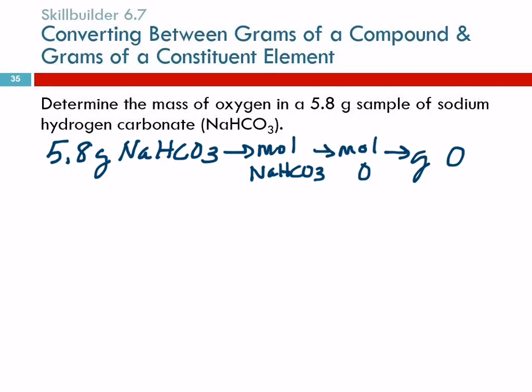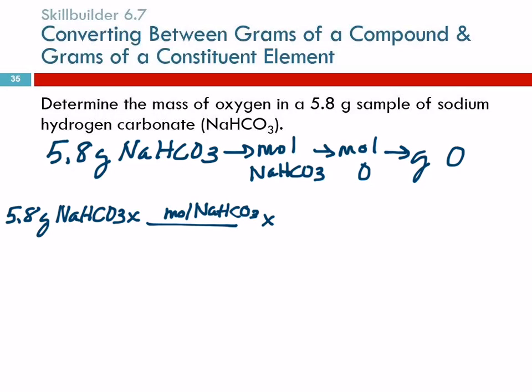Once we have the path in place, we can write out the equation. Put the units in first and then take care of the numbers. So 5.8 grams of that. And on this next line is going to be moles of sodium hydrogen carbonate. Trying out a new stylus here, and it's not behaving very well.